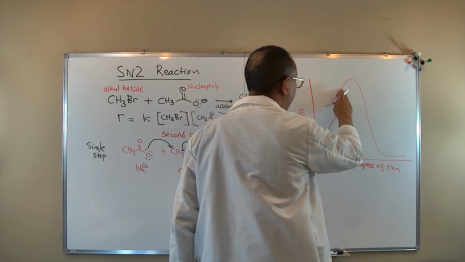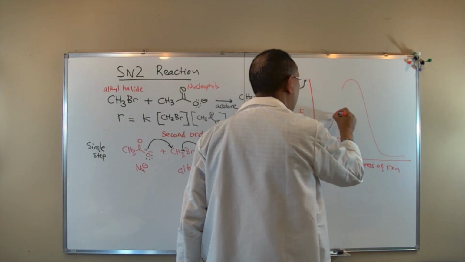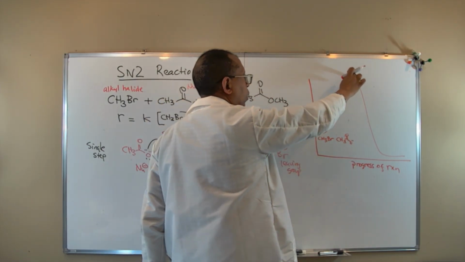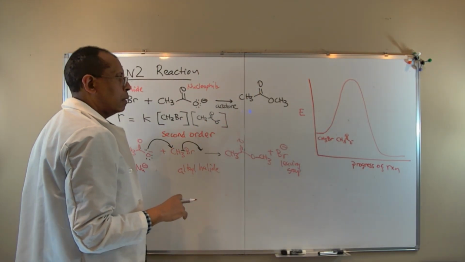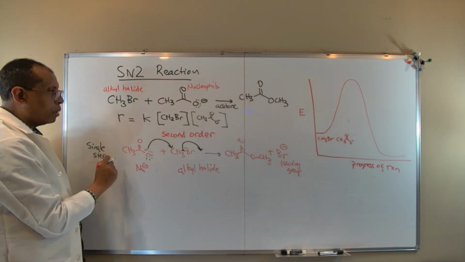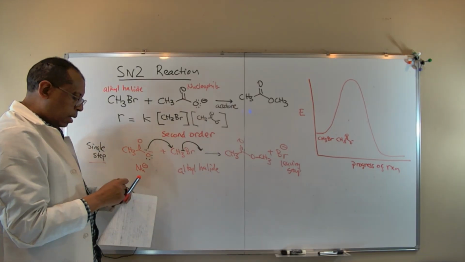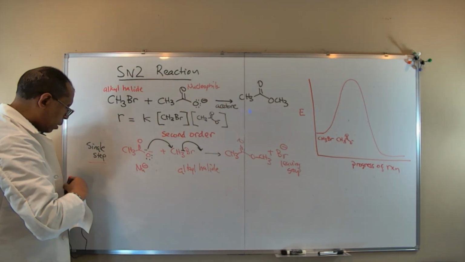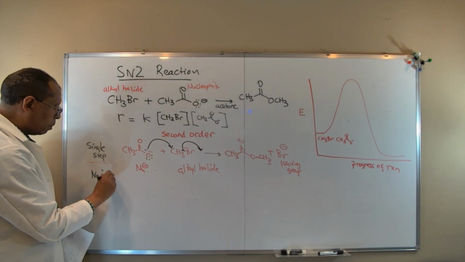So if it is an exothermic reaction, that's what you'll see. But here I want to emphasize you have only one high transition state without intermediate. So it is a single step, no intermediate. SN2 reaction does not have an intermediate step. So I would say no intermediate.